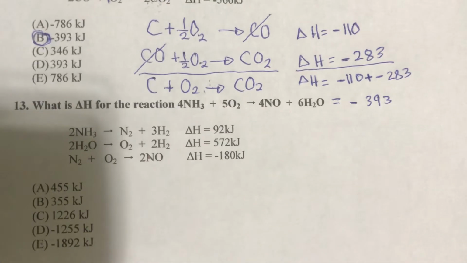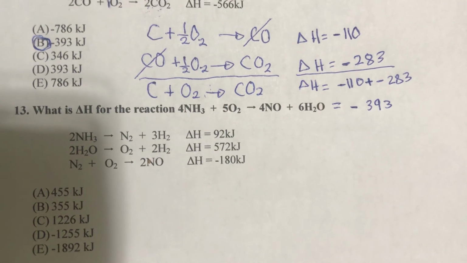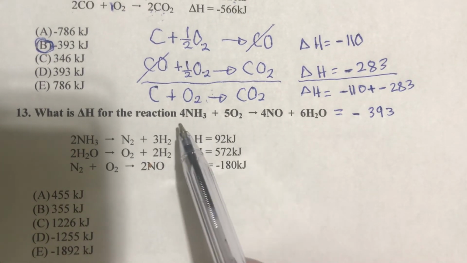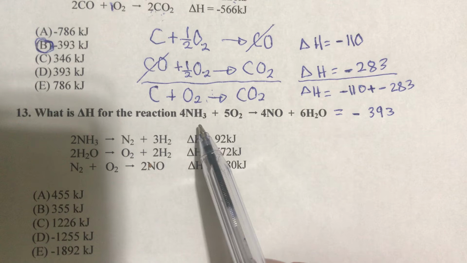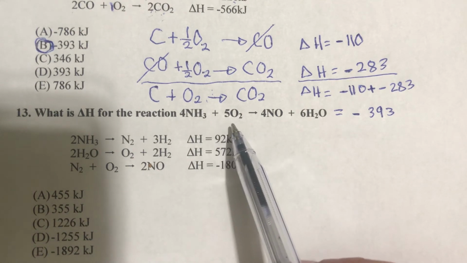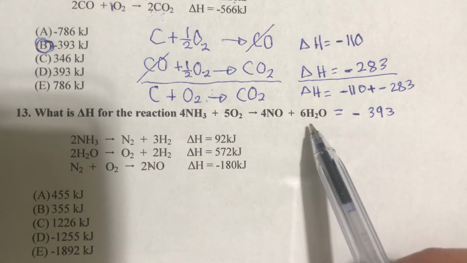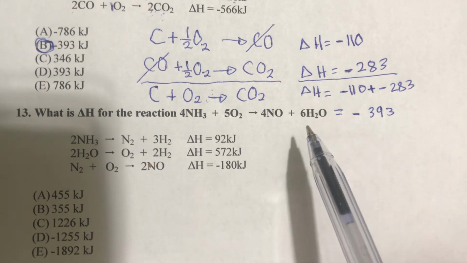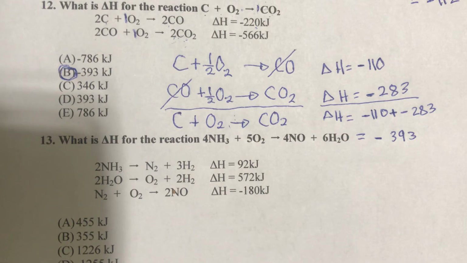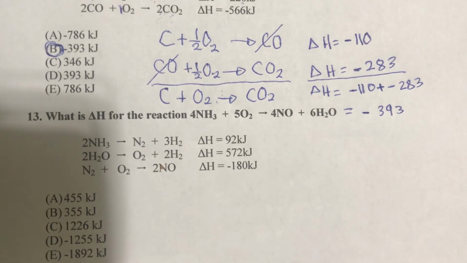Now the last question. What is delta H for the reaction for ammonia gas plus 5 moles of oxygen to produce 4 mole of nitrogen monoxide plus 6 moles of water? Also the same idea.